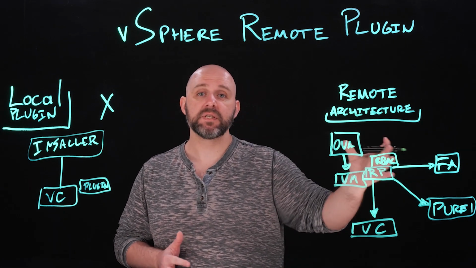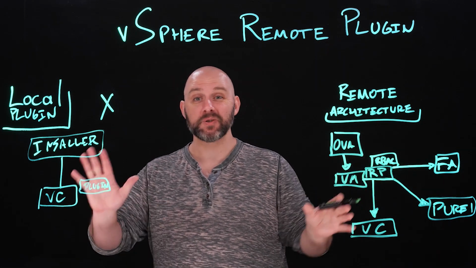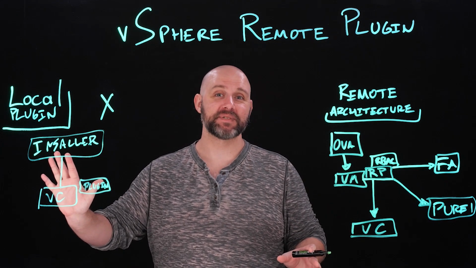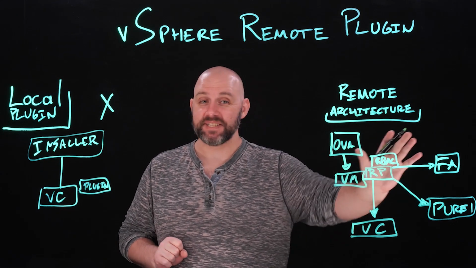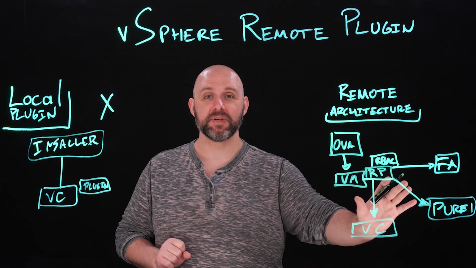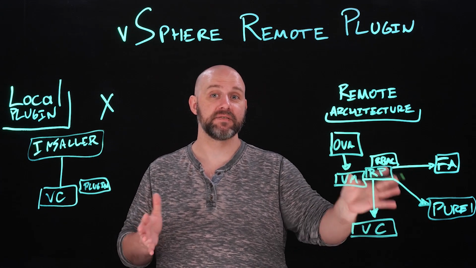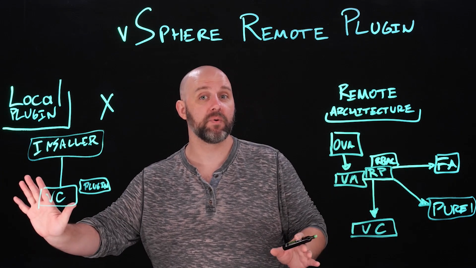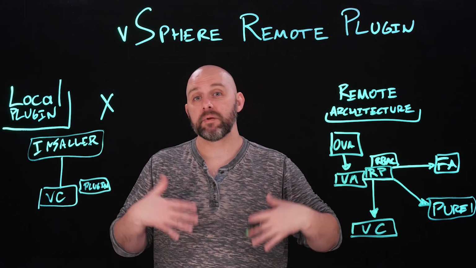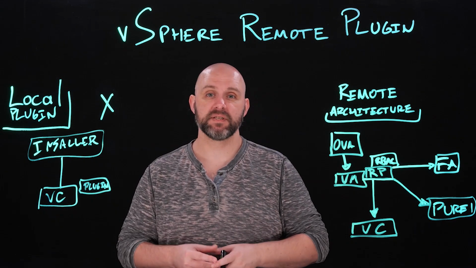And moving forward, this is what VMware wants partners to do. They're deprecating the use of local plugins themselves. And so the partners needed to move towards this architecture in the first place, but we're able to take advantage of things with the remote plugin that we couldn't before with the local one, and be more innovative in future releases of the plugin as well.